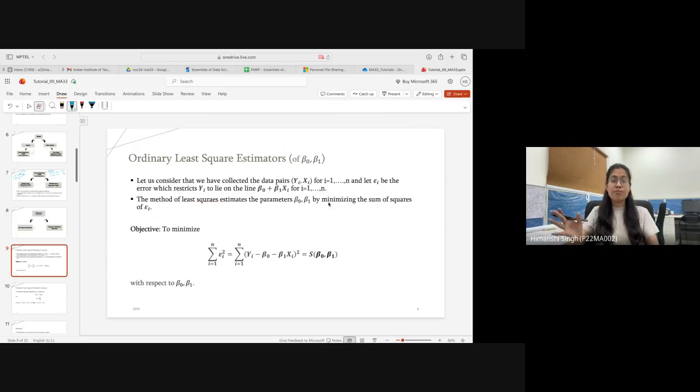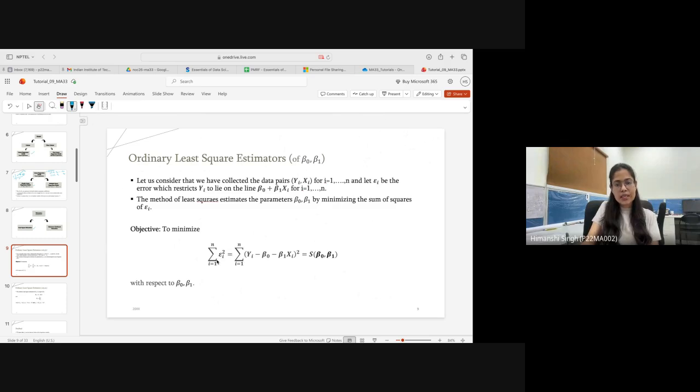So this is basically the method of least square estimation. There can be another method to find beta naught and beta 1 also, but this method says that I want to minimize the sum of the errors. So our objective is to minimize this quantity, the summation of epsilon i square.